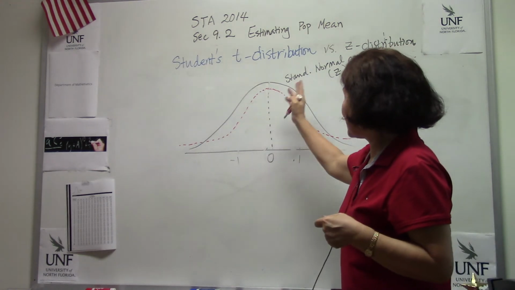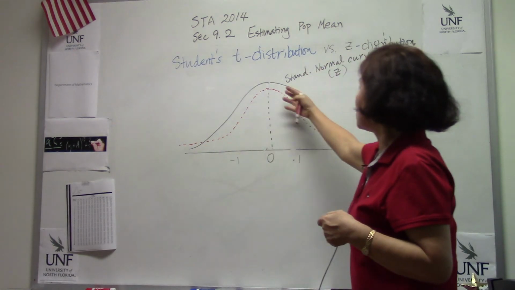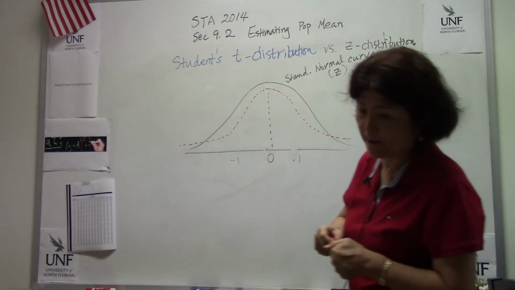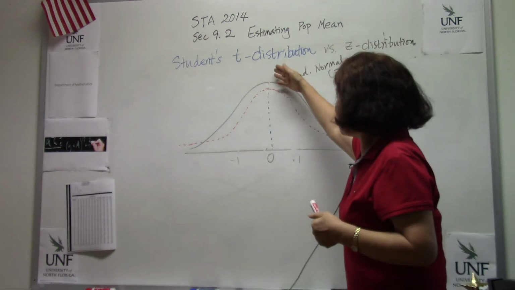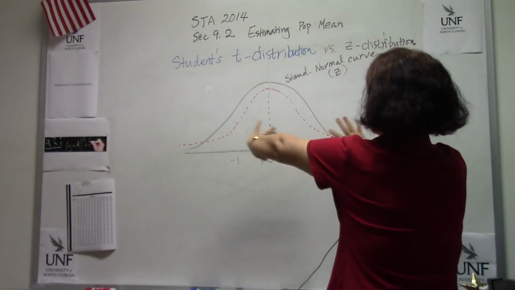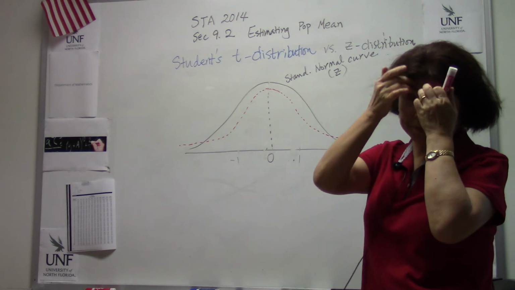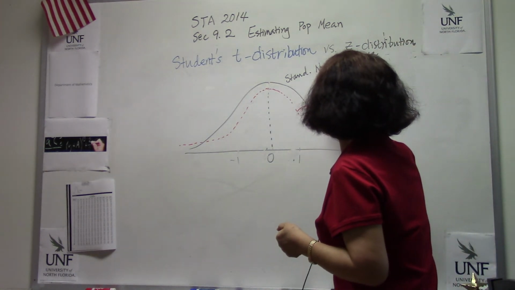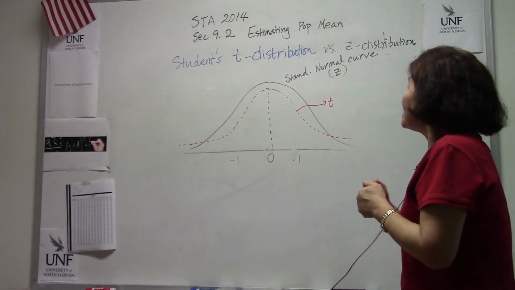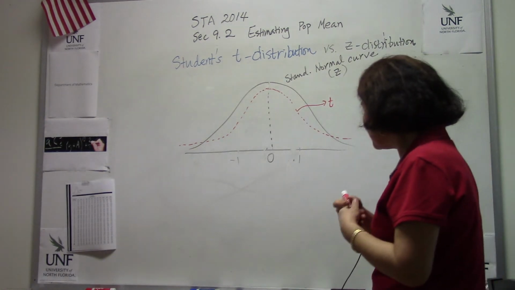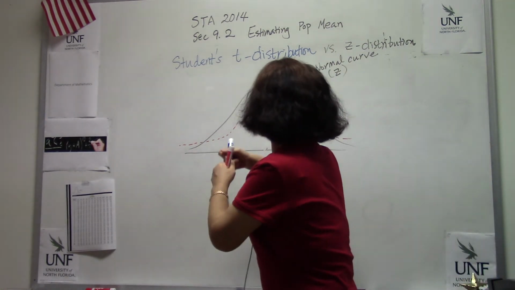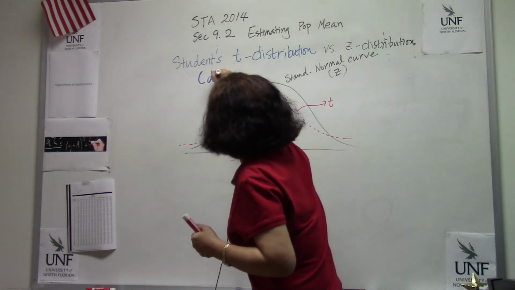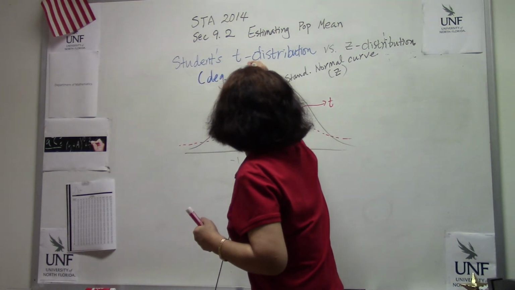And the same thing, the total area is going to be 1. So a little lower, but it's going to be spread a little thicker. This is the T distribution, and this T distribution comes with degrees of freedom.